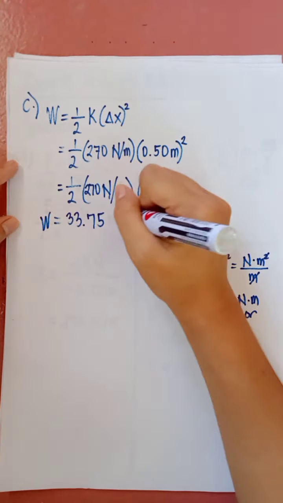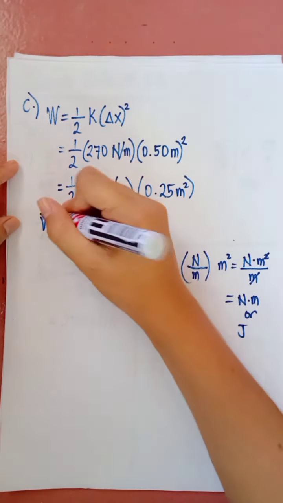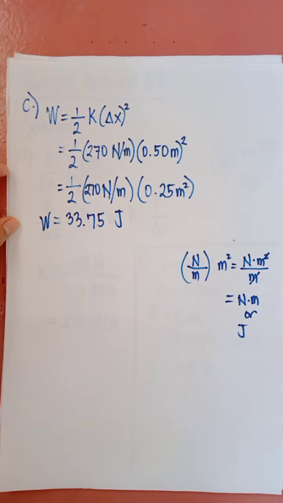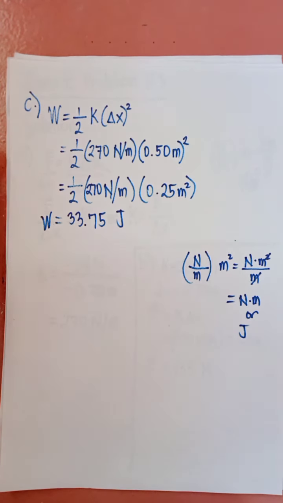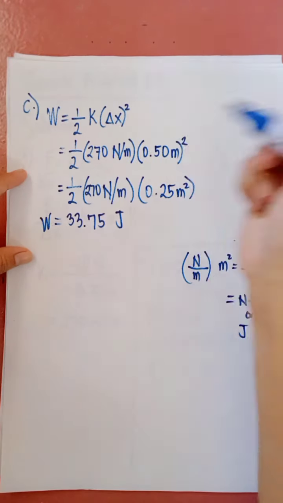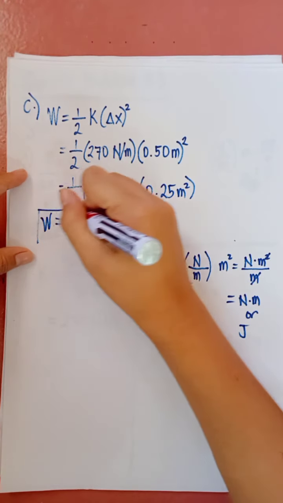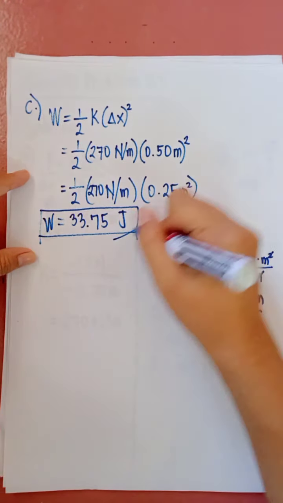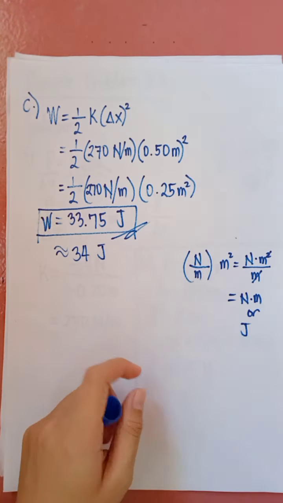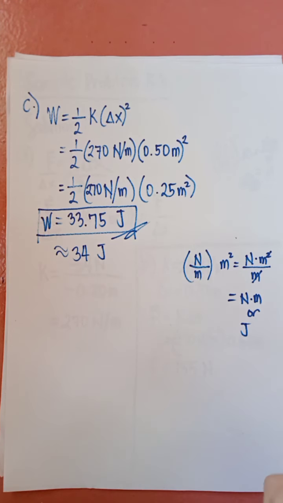So the work done in compressing the spring by 0.50 meters is 33.75 joules. There you go. You can also approximate that to 34 joules. Okay, let's proceed to another sample problem.